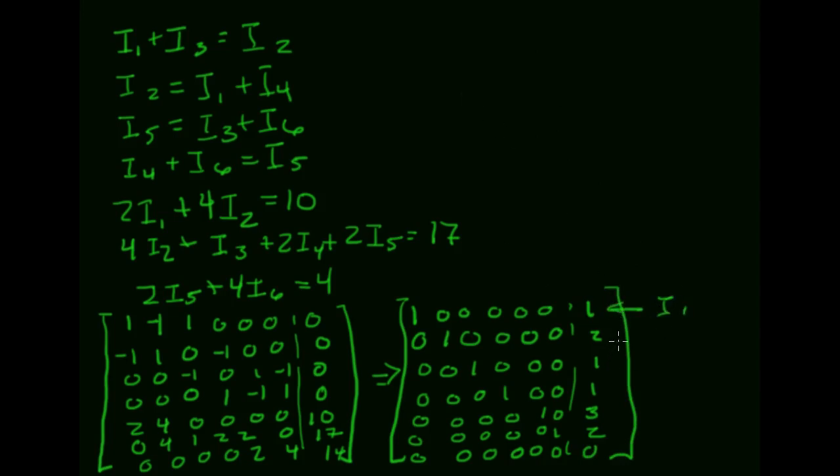So I1 has 1 amp, I2 has 2 amps, I3 has 1 amp, I4 has 1 amp, I5 has 3 amps, and I6 has 2 amps. And that is the solution to this network problem. So there you have it. That's number 3.